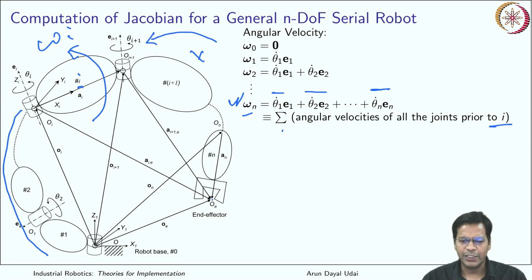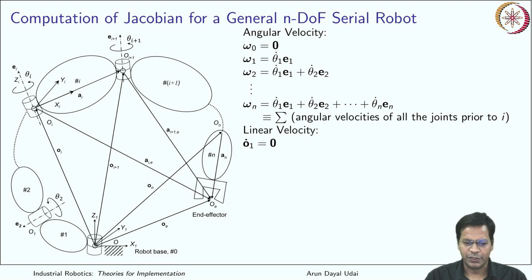Now let us talk about linear velocity. What is O1 dot? Again, because it is attached to the ground, about which your link 1 is moving, this is equal to 0. Quite trivial, very easy. Now what will be your O2 dot? So where is your O2?